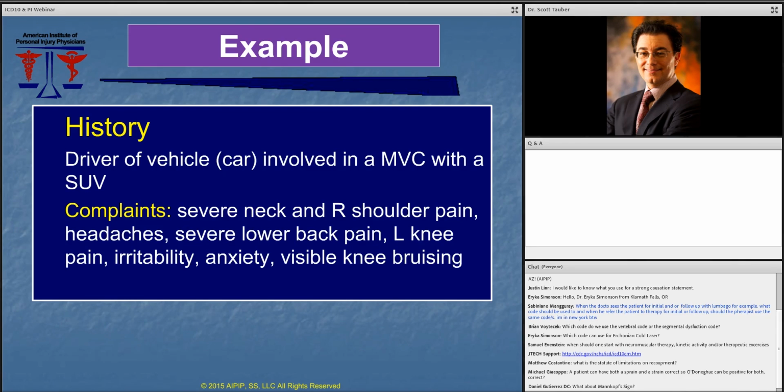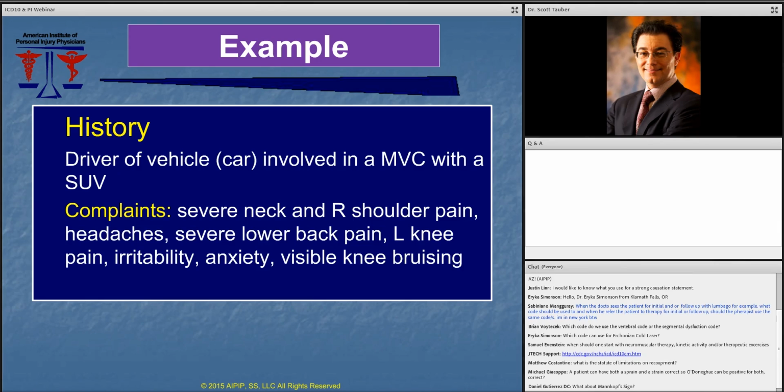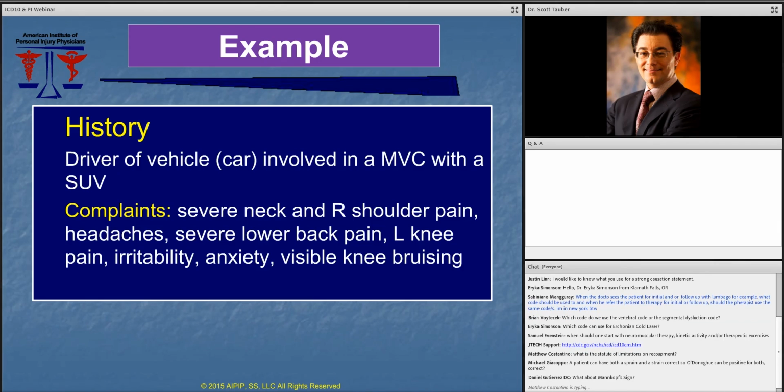All right, so let's look at an example. Now, of course, this is not the level of documentation that I am recommending. I am just extracting certain history issues here to ultimately lead to our diagnosis. I'm not saying this is a complete history by any stretch of the imagination, but the driver of a vehicle is involved in a motor vehicle crash or collision with an SUV.